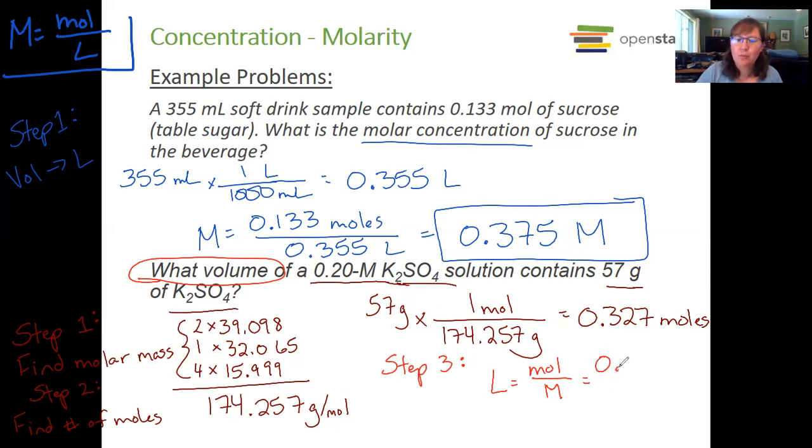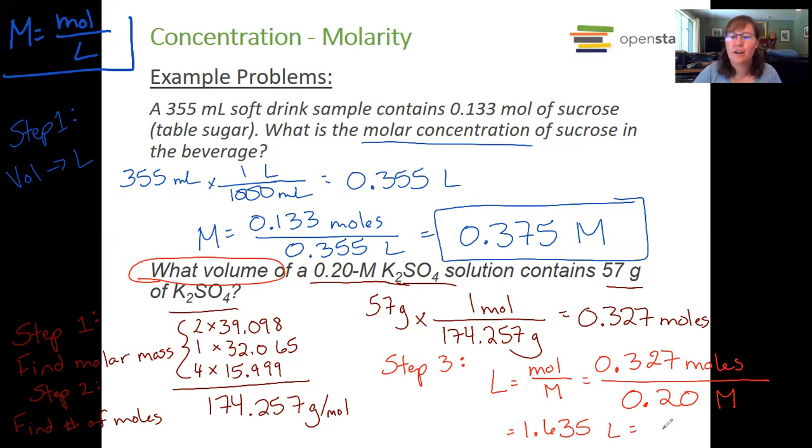So we get 0.327 moles divided by 0.20 molar. And now we can see we can have two significant figures in our final answer. We get 0.327 divided by 0.20, and we get 1.635 liters, but we can only have two significant figures in our final answer. So this becomes 1.6 liters for our final answer for this problem.